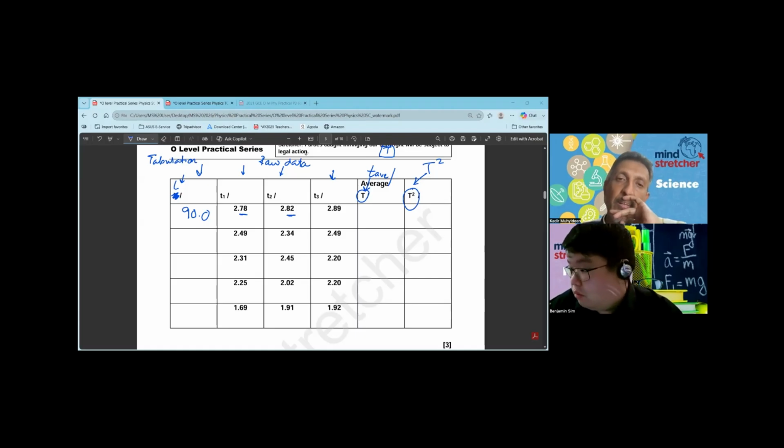A lot of schools will say two decimal places, but some schools will say one decimal place. You should follow what your school suggests.